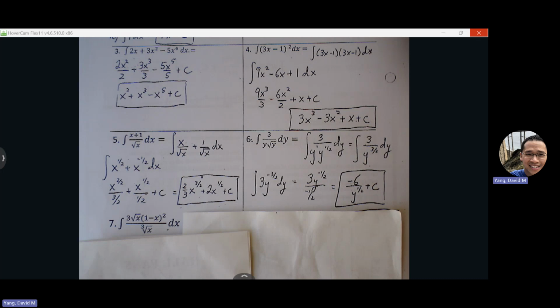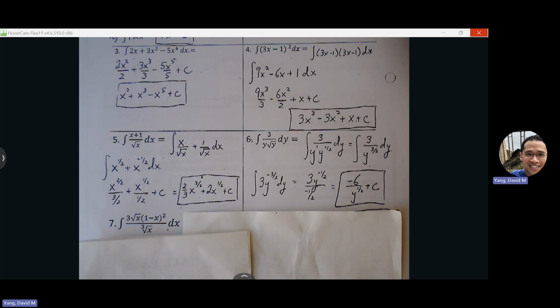Okay, number 7 is just a more complicated version of number 5. So, what's our process there with number 7? Yeah. So expand, resolve the radical. And my preference is split up into individual fractions. If you bring that x to the negative 1/3 up, you can.